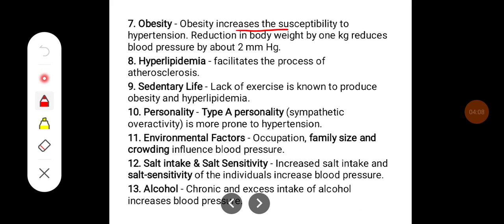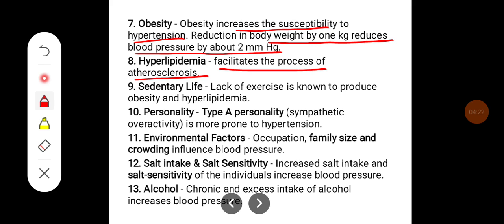Obesity increases the susceptibility to hypertension. Reduction in body weight by 1 kg reduces the blood pressure by about 2 mmHg. Hyperlipidemia facilitates the process of atherosclerosis. Sedentary lifestyle, like lack of exercise, is known to produce obesity and hyperlipidemia. Type A personality, that is where they have more sympathetic activity, they're more prone to hypertension.